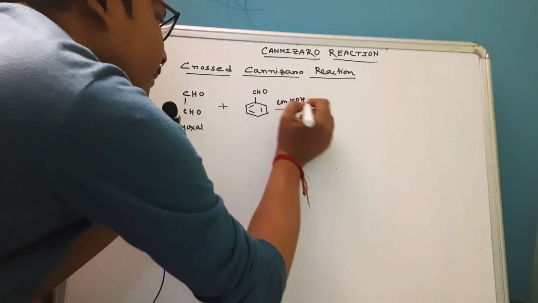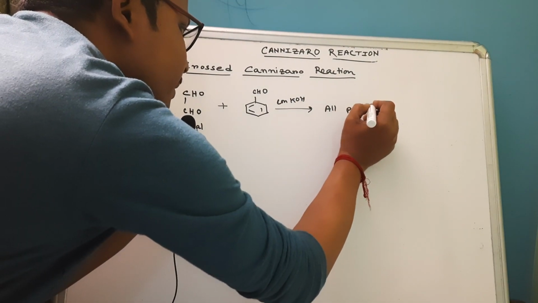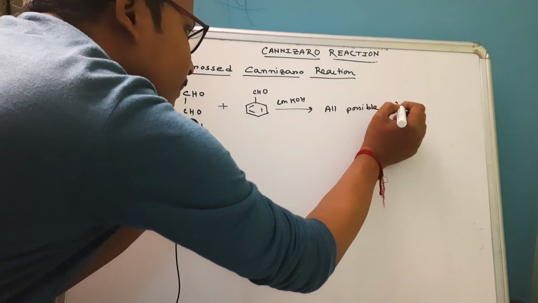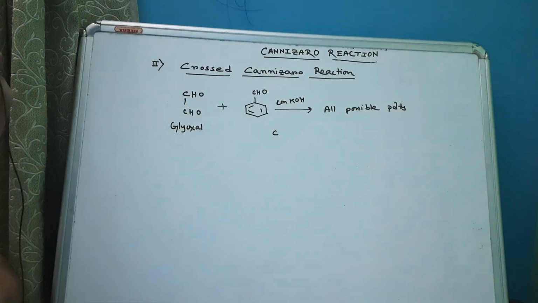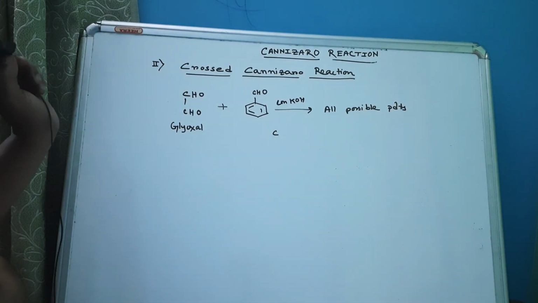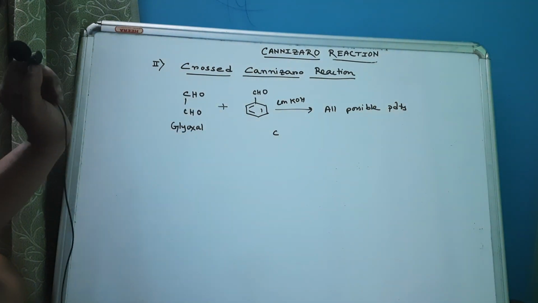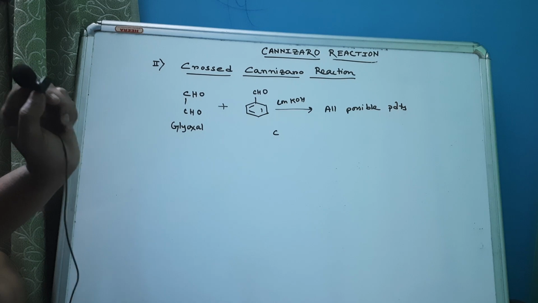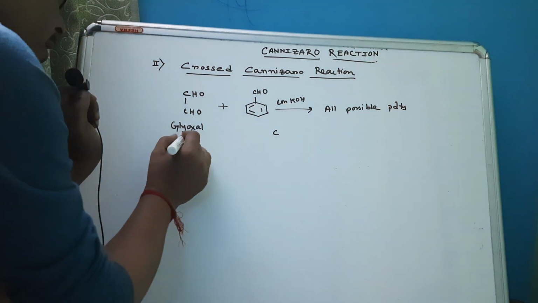Concentrated KOH, all possible products. If you look at glyoxal, first of all, the glyoxal gives self Cannizzaro reaction and intramolecular Cannizzaro reaction.